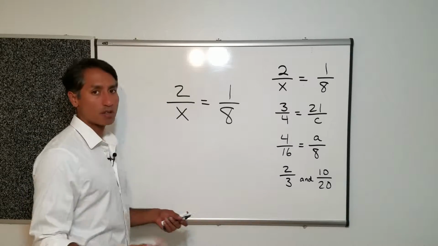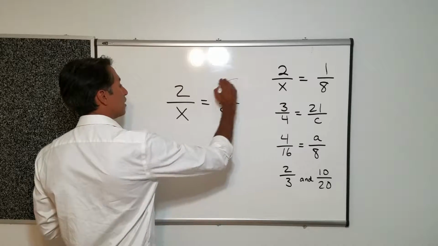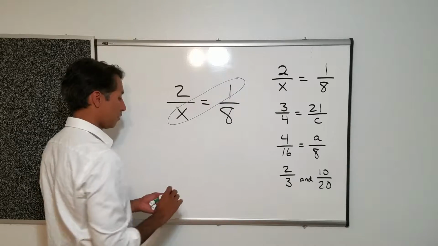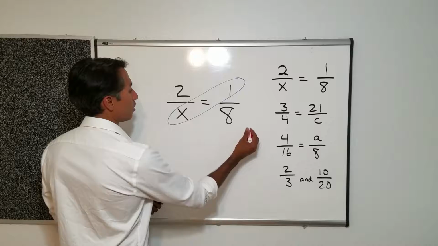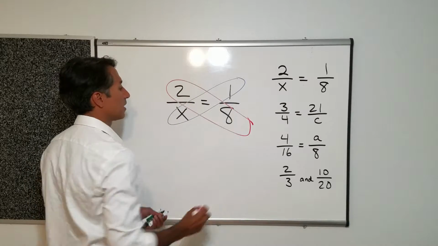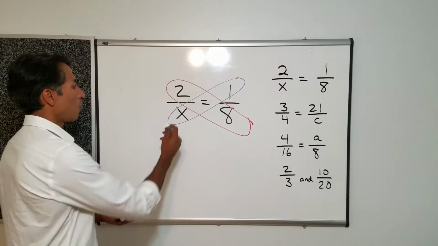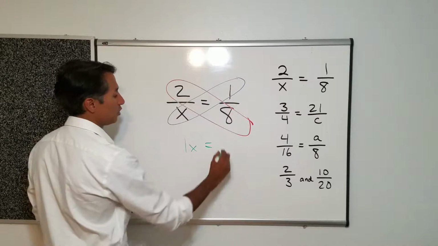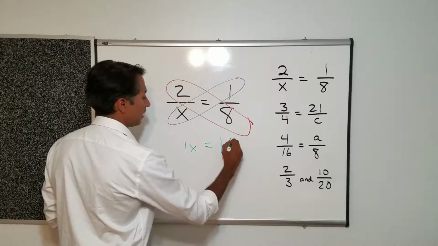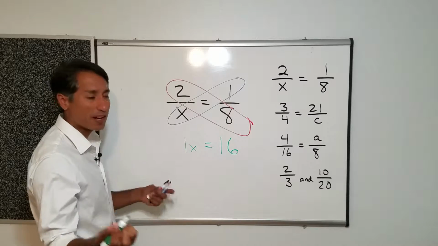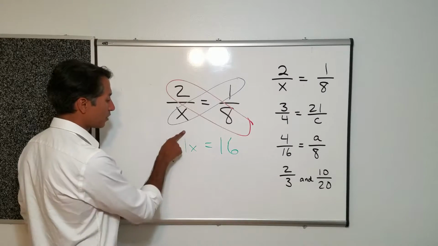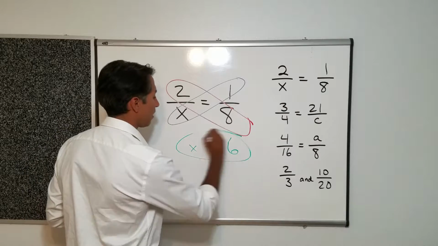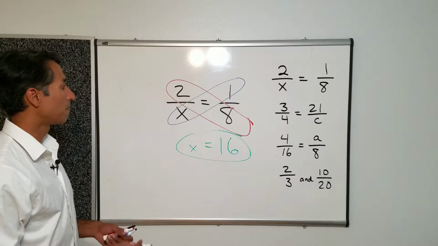So the cross-product way is to cross-multiply these things. 1 times x is 1x. 8 times 2 is 16. You don't really need the 1 there because it was just a single unit of x, so you could just say x equals 16 and be done.